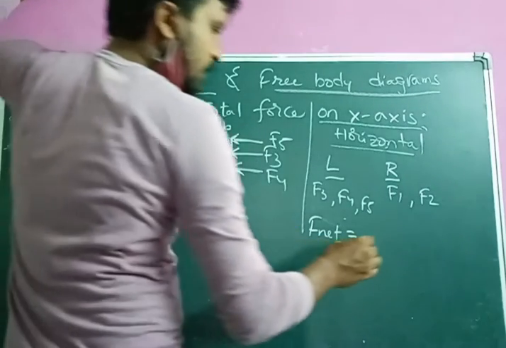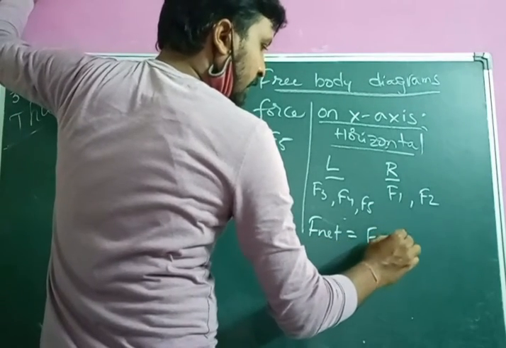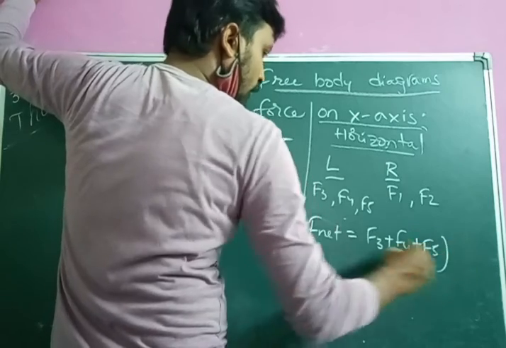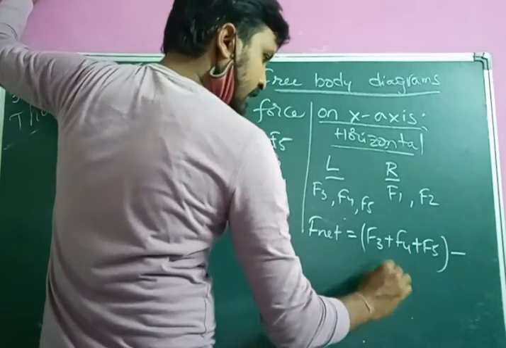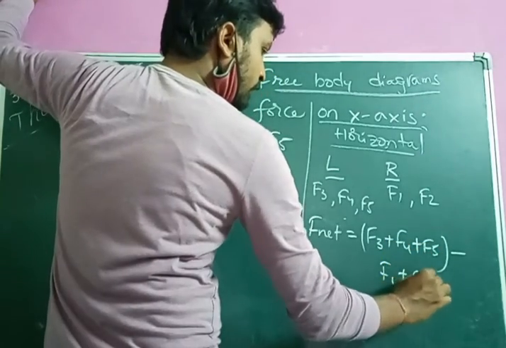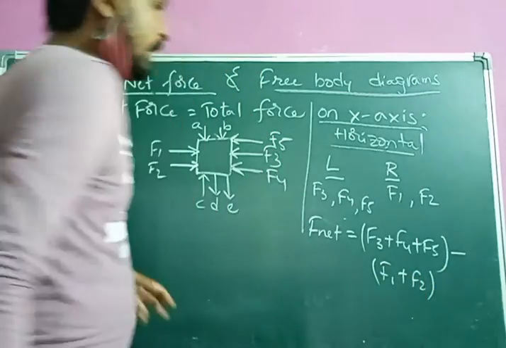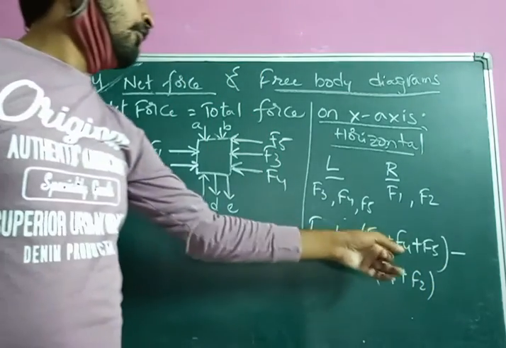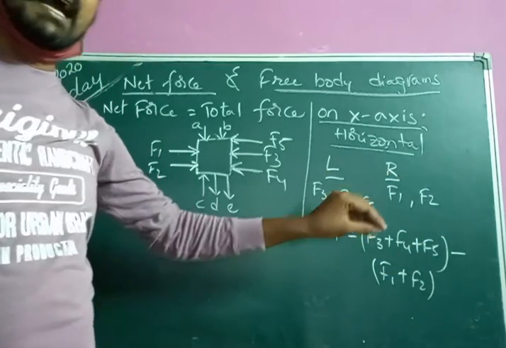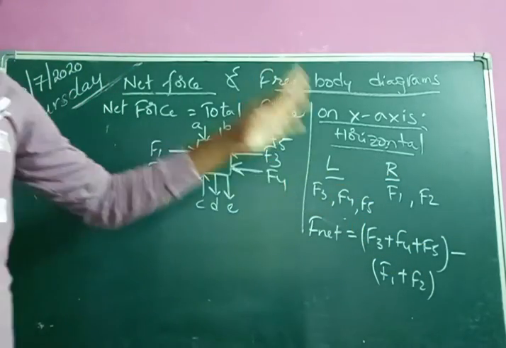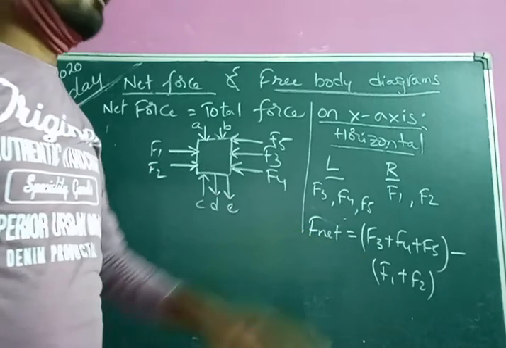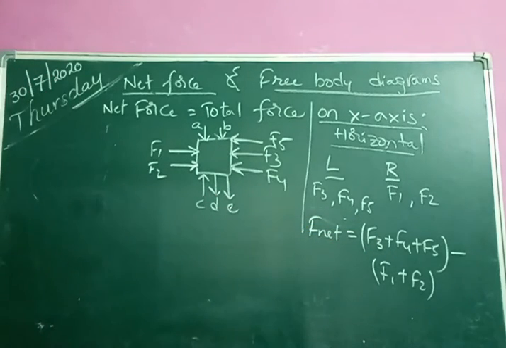That means F3 plus F4 plus F5 minus F1 plus F2. This is possible when F3, F4, F5 added and the sum is greater than F1 plus F2, then the net force is F3 plus F4 plus F5 minus F1 plus F2.